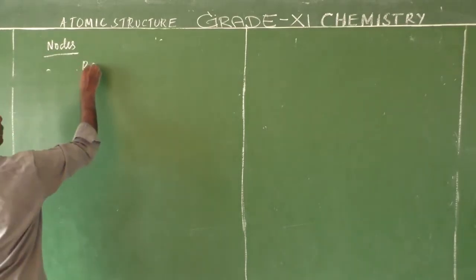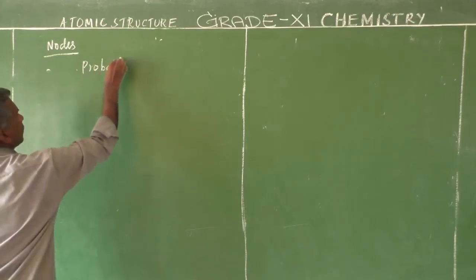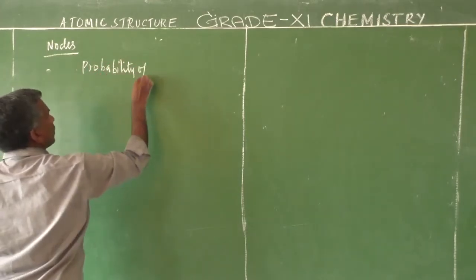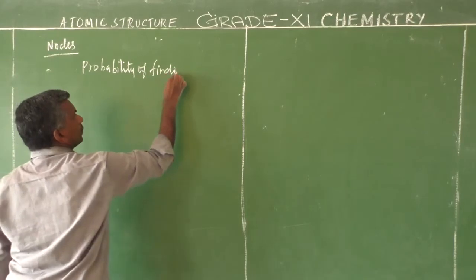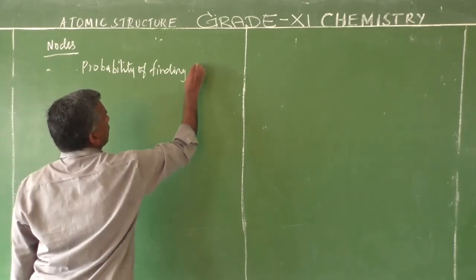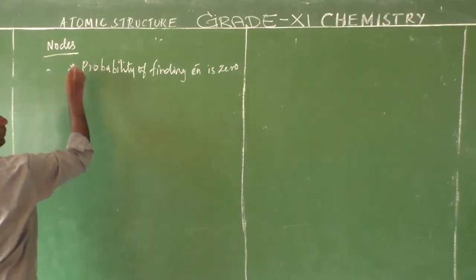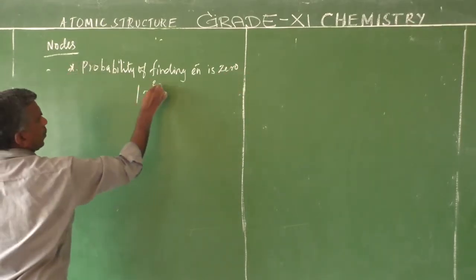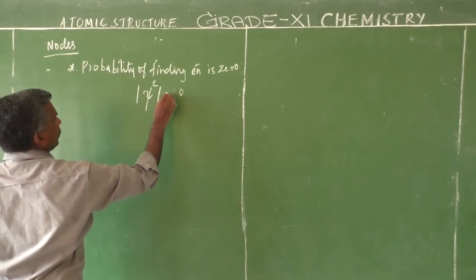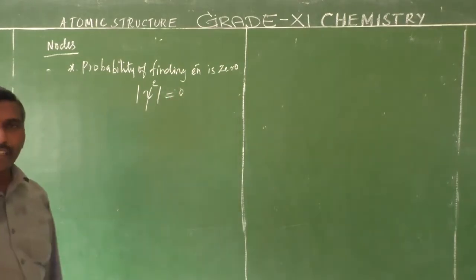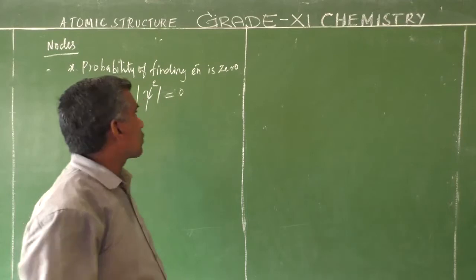Okay. Node, now what is the definition? Probability of finding electron is 0. That is psi square equal to 0. The solution where the electron is absent is known as a node.